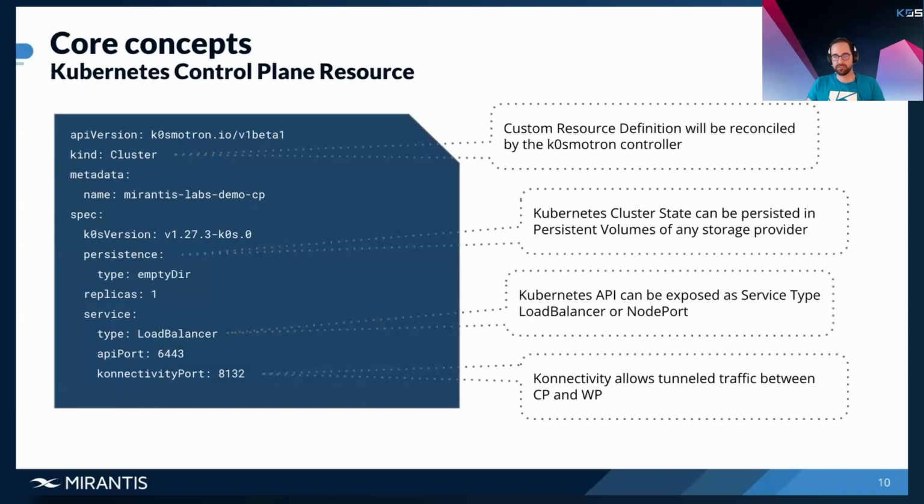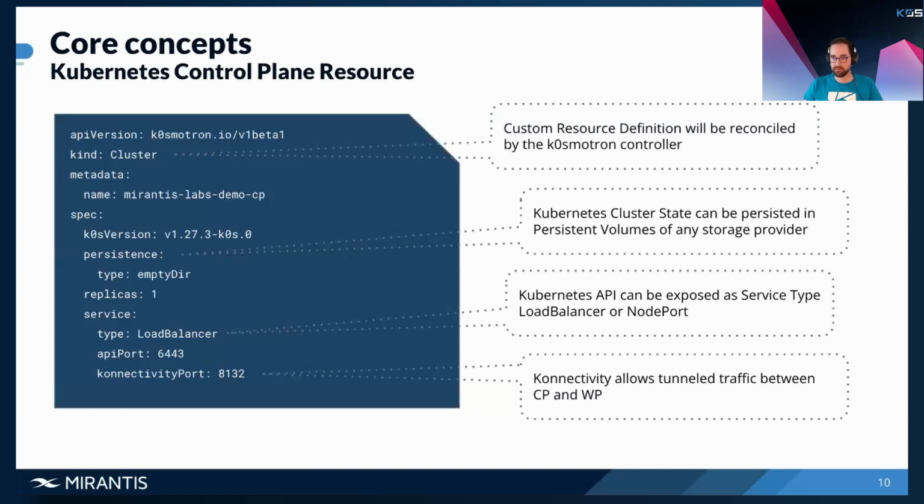This custom resource definition is helping us to create clusters, and the k0smotron controller will reconcile those and have a look for all the different resources that need to be created for this cluster, for this control plane. So in this example, we have CRD that is called Mirantis, with the name Mirantis Labs Demo CP. So this one is our control plane.